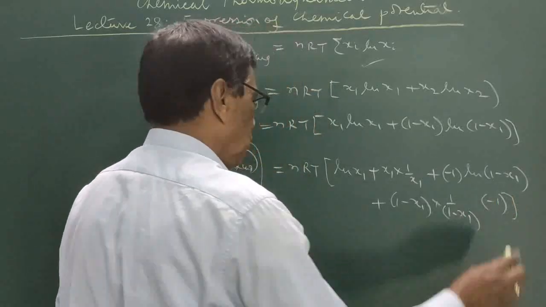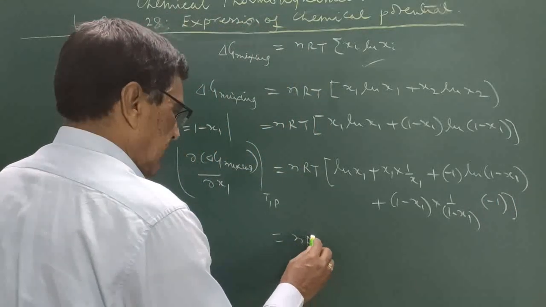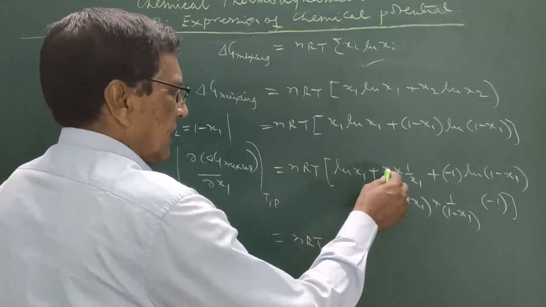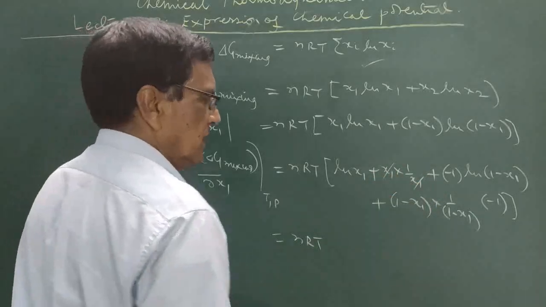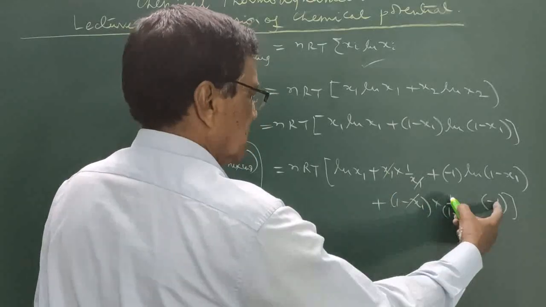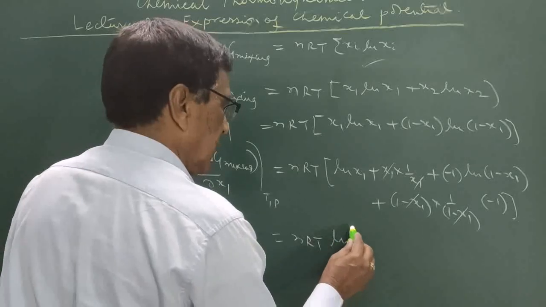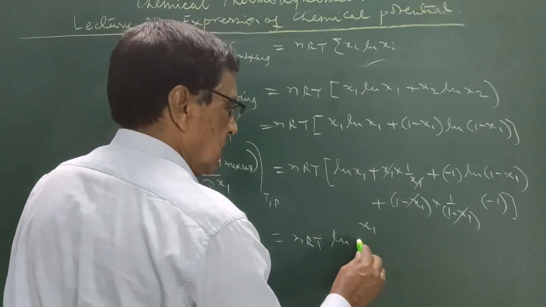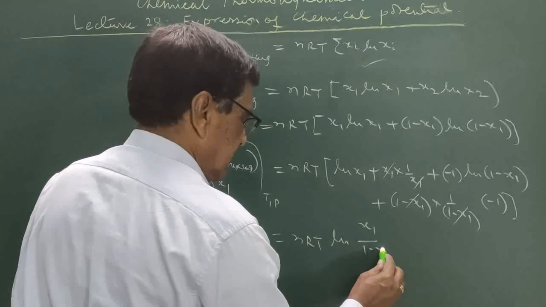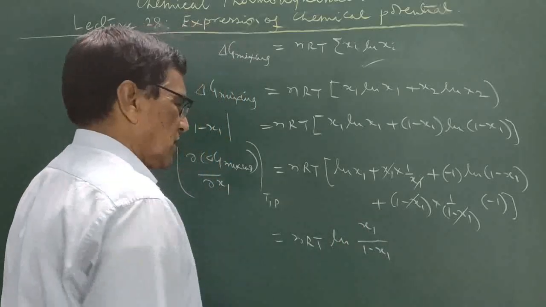Bracket close. So this is nRT, and this one plus 1, and this one minus 1, plus 1 minus 1 will cancel. So this will be equal to ln x1 minus ln 1 minus x1, that is x1 by 1 minus x1.